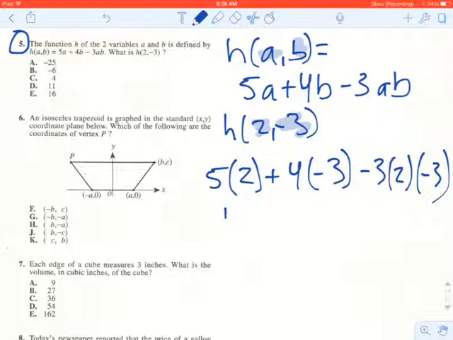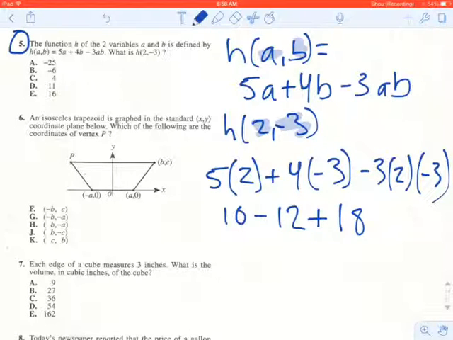So then 5 times 2 is 10, plus 4 times negative 3 is negative 12, and negative 3 times 2 is negative 6, times negative 3 will be positive 18.